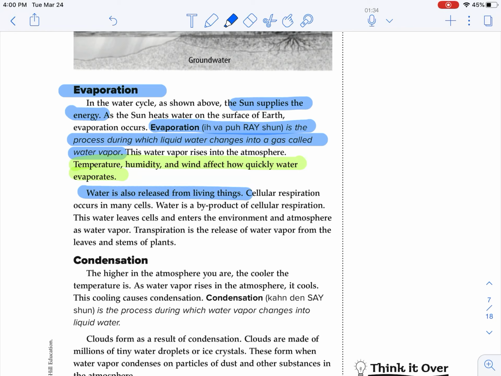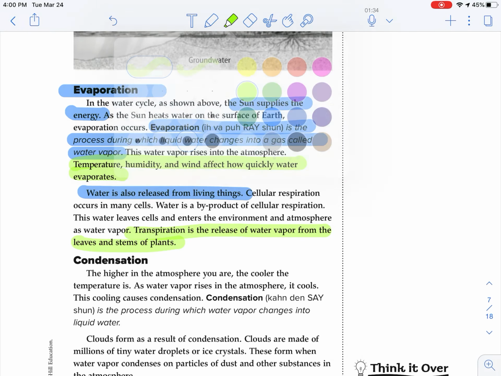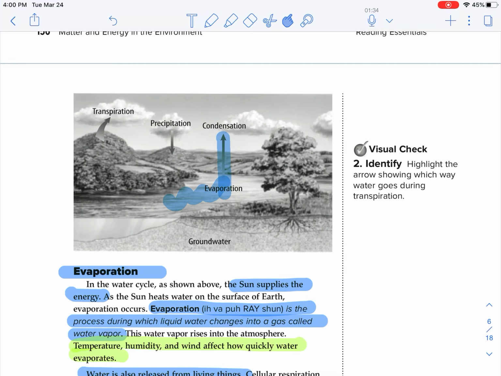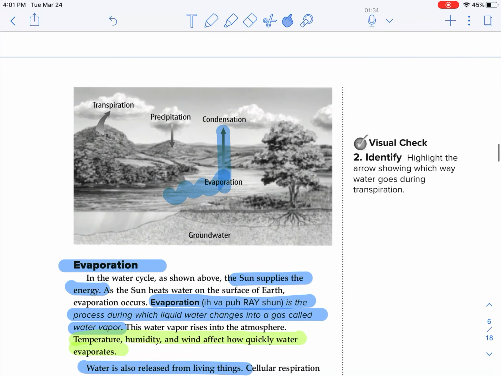Transpiration is the release of water vapor from leaves and stems of plants. So let's go ahead and make that green. Okay, so if we come up to this picture, the visual check asks us, highlight the arrows showing which way water goes during transpiration.